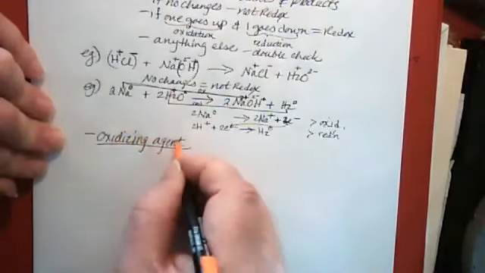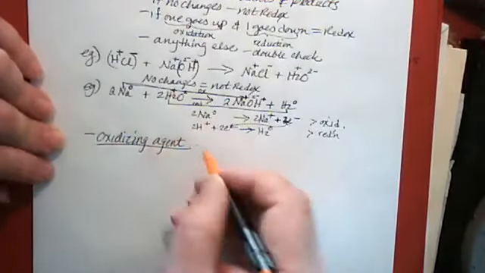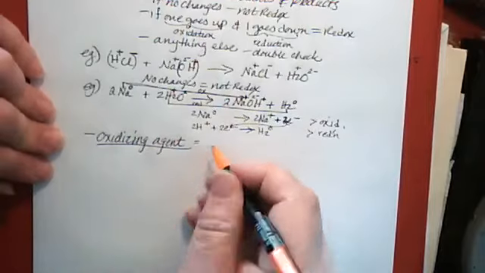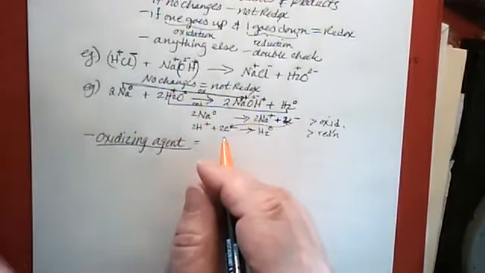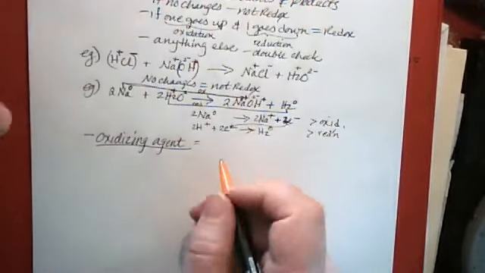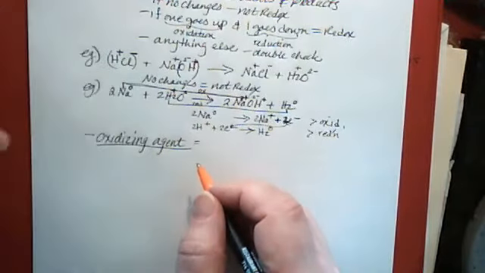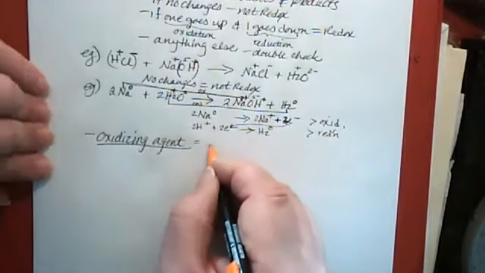Now for something that I kind of wish they had never thought of, the concept of an oxidizing agent. An agent is something that does something. So an oxidizing agent is something that causes oxidation.